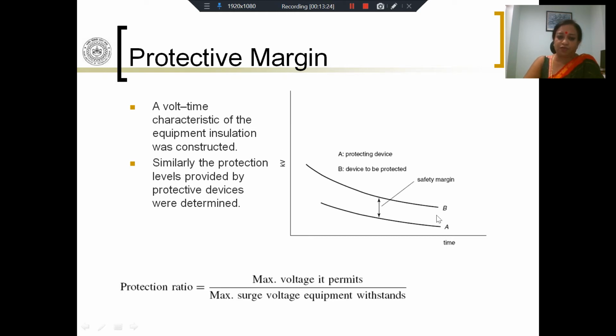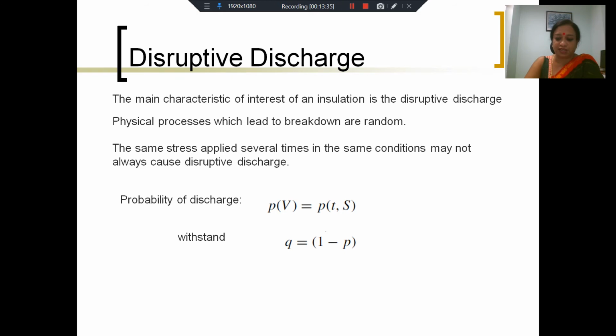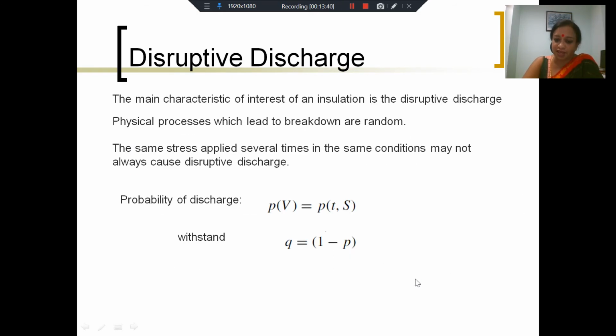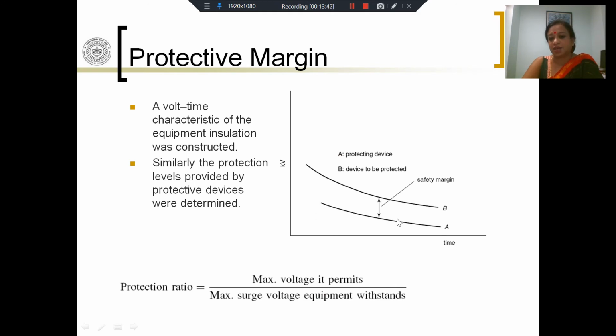Now here we have two volt time characteristics. A is the volt time characteristic of the protecting device. If you go back to the previous slide, the insulation to be protected has this particular volt time characteristic. Now, when you choose a protecting device, you have to make sure that B is the volt time characteristic of the device that is being protected.